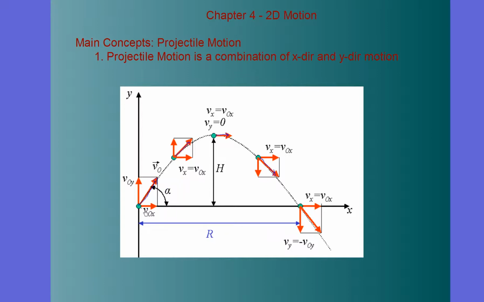So what we do is break them up into x direction velocities and y direction velocities, and that makes life much easier, especially since gravity is acting completely in the y direction. If we were on some strange planet with some strange force acting, say, this way, then we might set up our coordinate system in that same direction so that this was the y-axis and this was the x-axis.